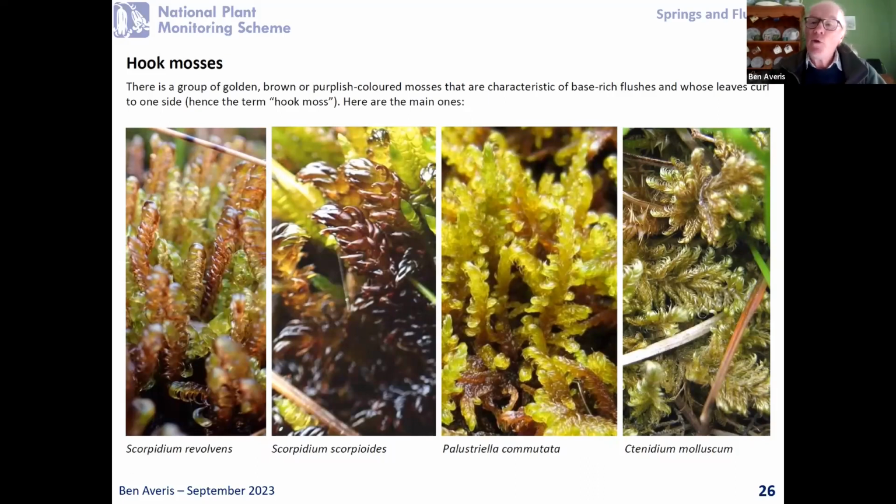Palustriella commutata can be really, really golden, so much so that you can pick patches of it out from quite a distance away. So as a group, they feature very much among the mosses of strongly base-enriched flushes, base-rich springs and flushes.